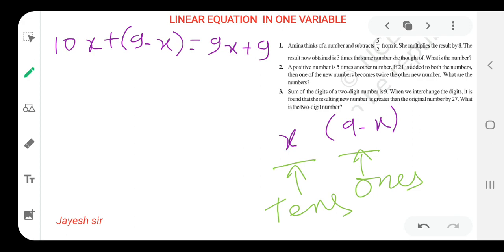Now, it is found that the resulting new number, when we interchange the digits, what we have done is interchanged the digits. Interchanging the digits means the 9 minus x that is written over here should now be written at the tens place.